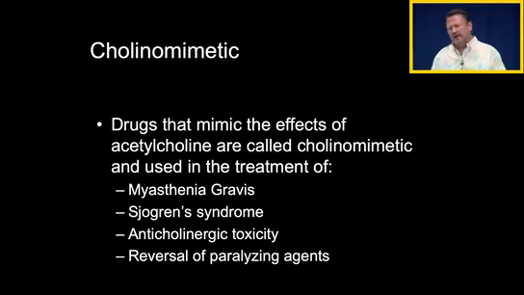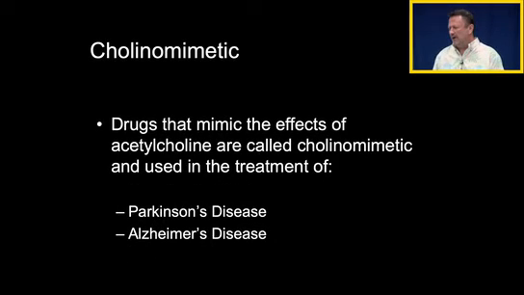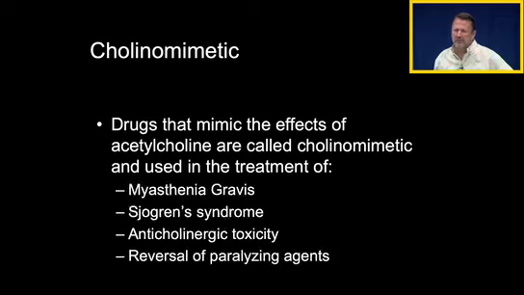If you're in the surgical anesthesia business, you will be reversing certain paralyzing agents with cholinomimetic drugs. And then we'll come back in central nervous system pharmacology and talk about cholinomimetic drugs in the treatment of Parkinson's disease and Alzheimer's disease. So the next lecture is really about how a cholinomimetic drug designed for Parkinson's disease might have an effect on bowel and bladder and the organs of the autonomic nervous system.